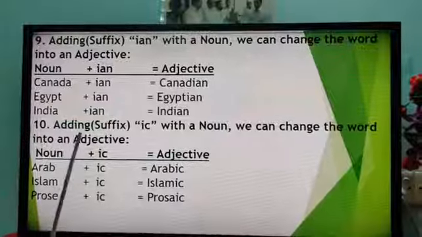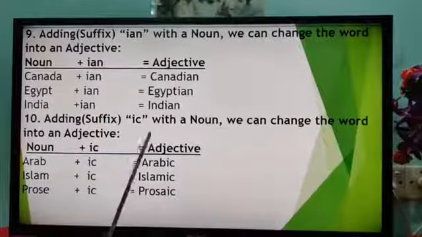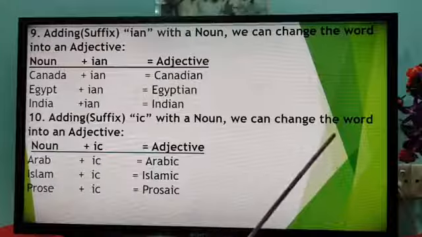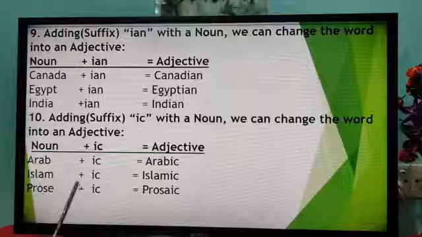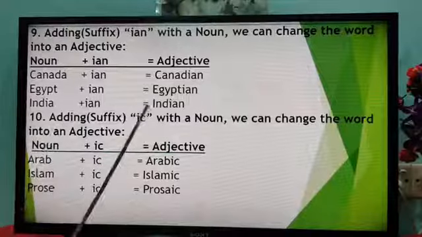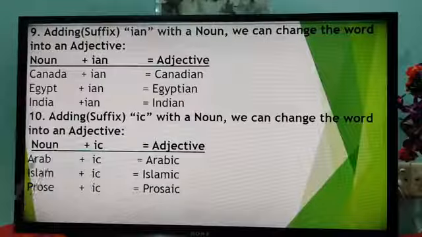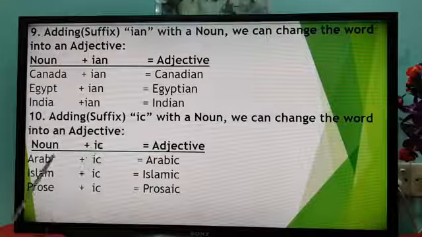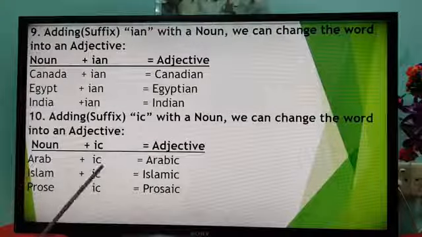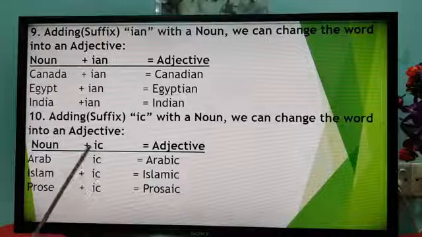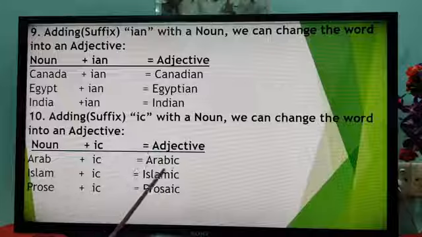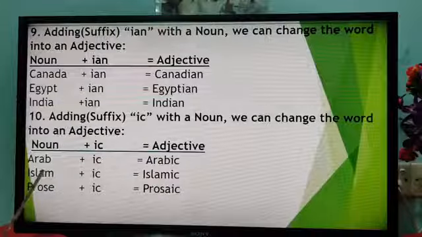Number 10. Adding suffix ic with a noun, we can change the word into an adjective. Ic is added with a noun to make it an adjective. Okay? Arab plus ic suffix, so the new word is Arabic, adjective.